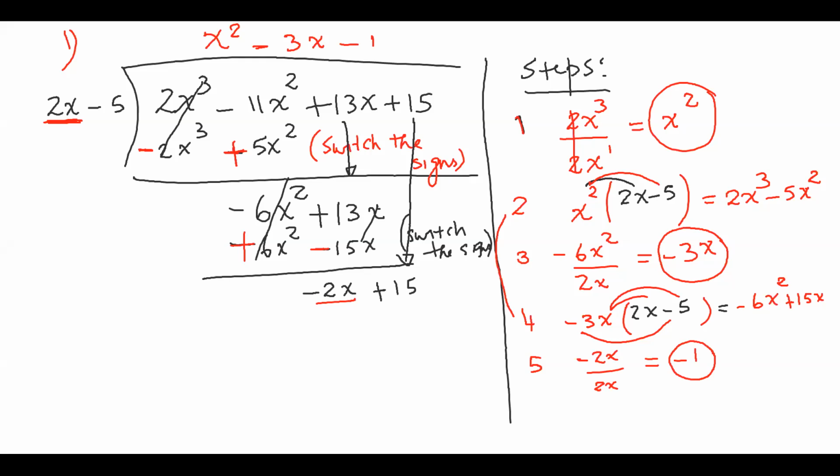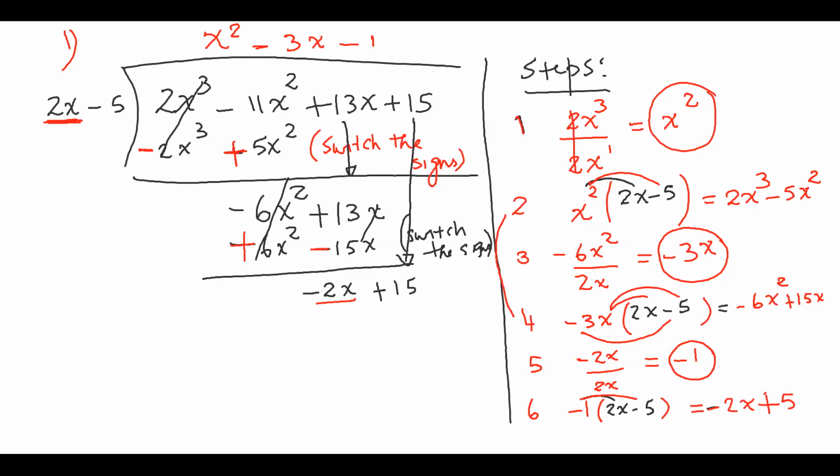There is one more step left, last one, because we have to multiply this negative 1 with the divisor, which is 2x minus 5. If you look at the steps, 1, 3, and 5 are the same, and 2, 4, and 6, because we are repeating the same steps. So it's going to be negative 2x and plus 5.